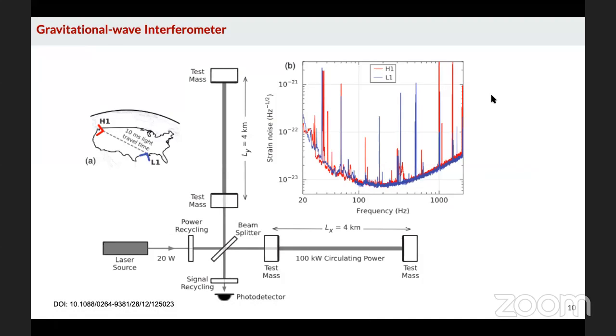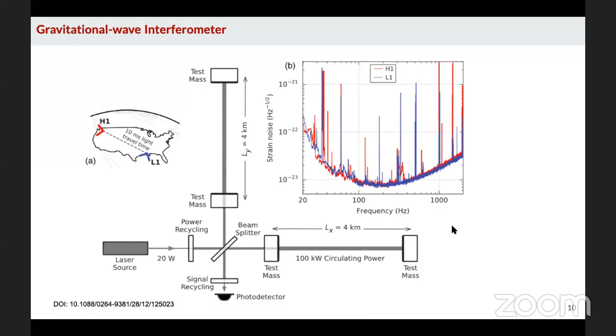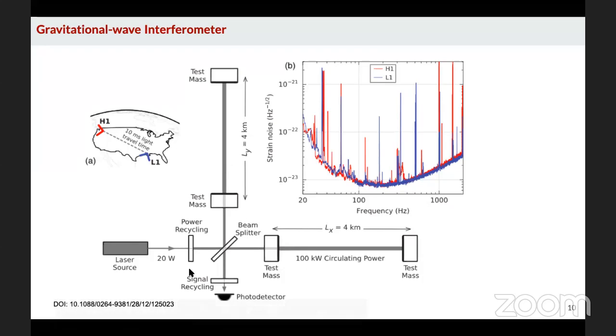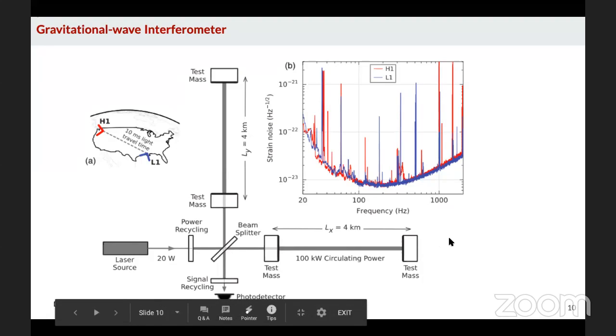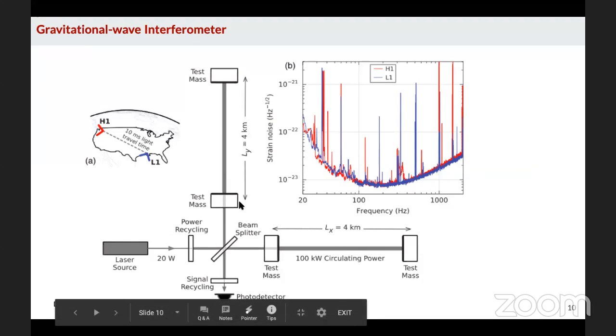Question number one is, are all these quite necessary to increase the sensitivity, all these instruments which you've put, except for the beam splitter, the laser, and the two reflectors from where it is reflected, and of course the photo detector? Are all the other things necessary?